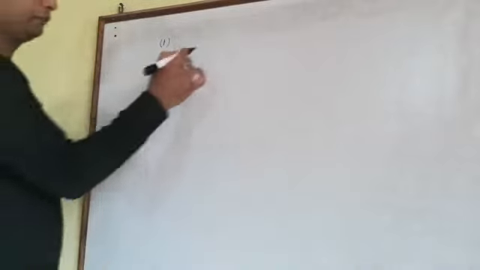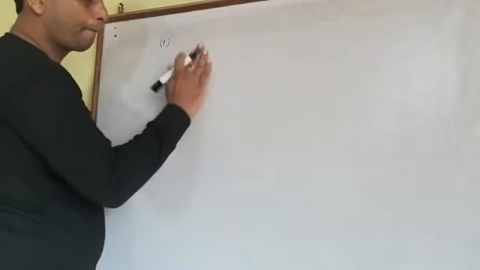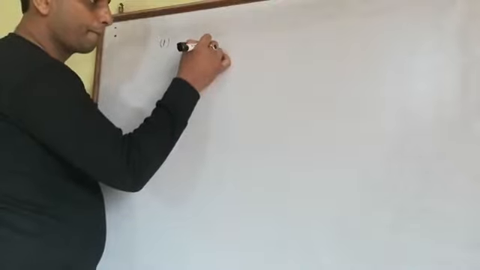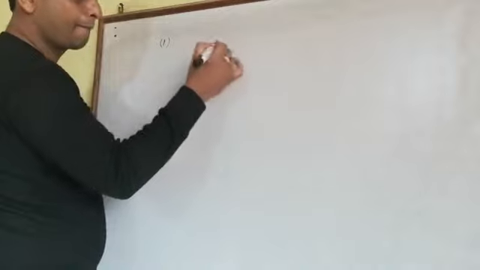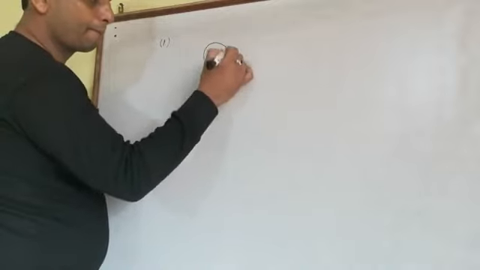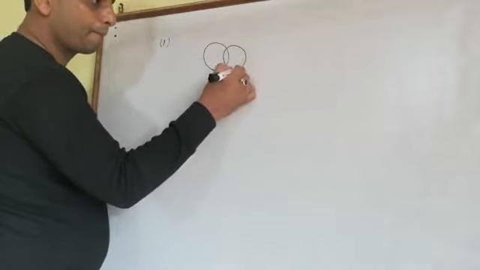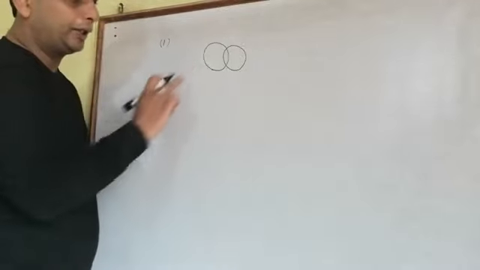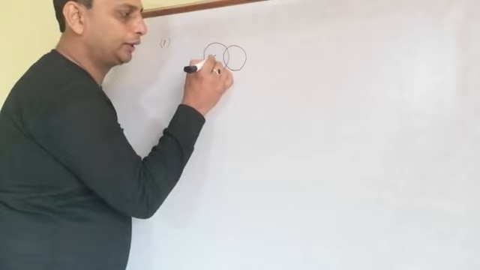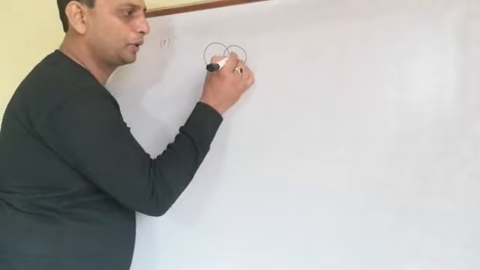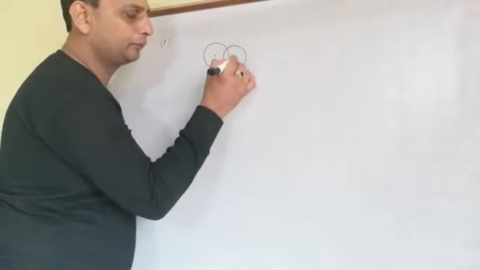So there are two circles. A bigger circle is having radius 5, and we will take the center O. Here we will also take the center.